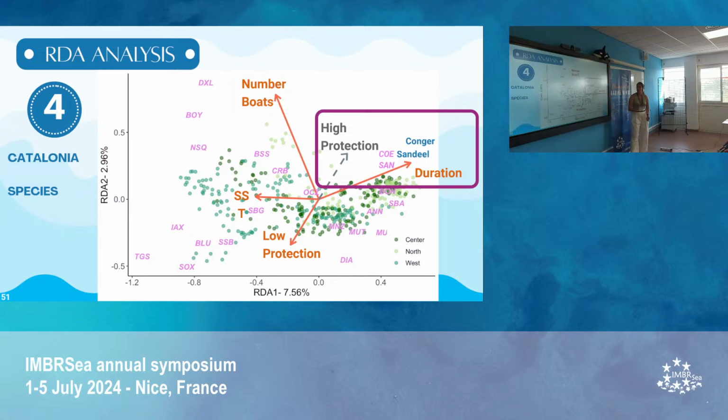And lastly, that high protection is, this is slightly skewed, but sand eel and conger, high protection and duration. So this indicates that the MPAs in Catalonia are more focused on a single species fishery and not promoting the biodiversity as a whole.